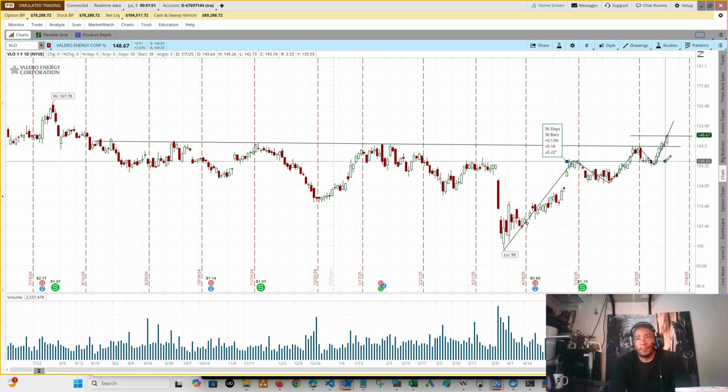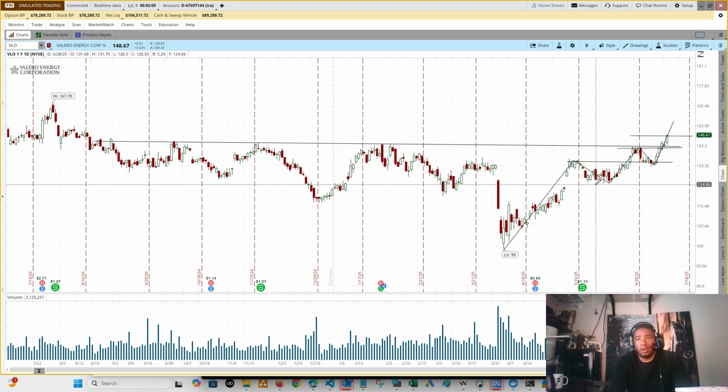So this is my jam right here. Higher high, higher high, higher low, higher low, right? Price breaks above the higher high, opens and closes above this resistance, and now it becomes support, right?